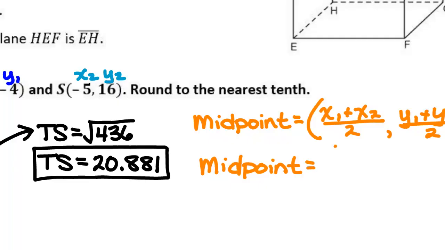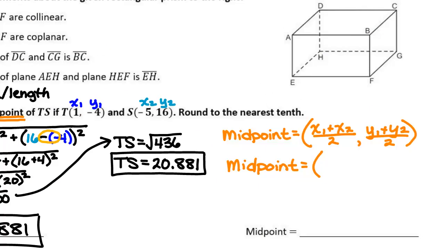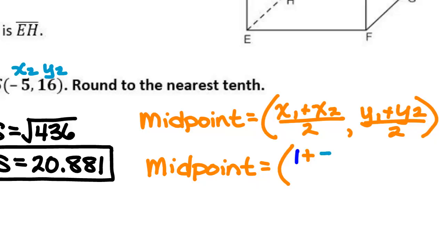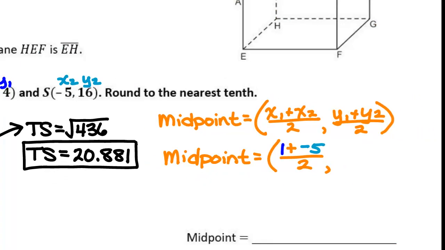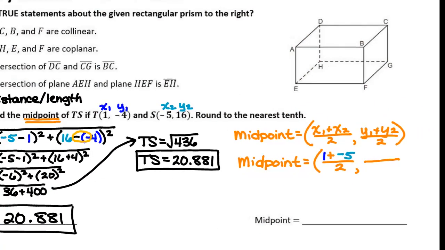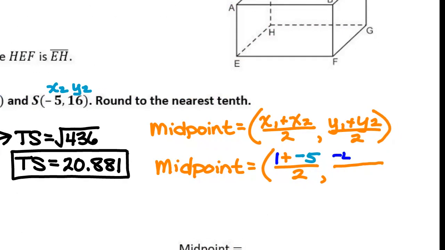Now we're going to substitute in. My x1 is 1, so 1 plus my x2 is -5, so I have 1 plus -5 over 2, comma. And then my other fraction, we have y1, which is -4, plus y2, which is 16, over 2.